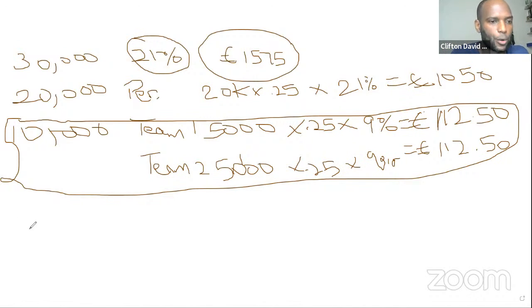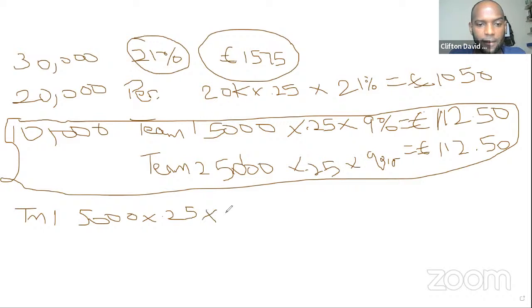Now we are going to calculate what Derek would earn as a team leader, his payment from his 2 teams. So team 1 did 5,000 points. Again, the formula remains the same. So we multiply by 0.25. And the percentage in this case is the difference between his level and the team's level, which is 12%.